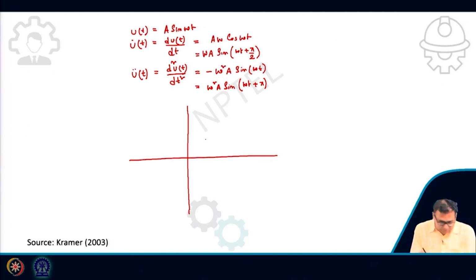Now this is my first one, say this is A and this one is omega t.